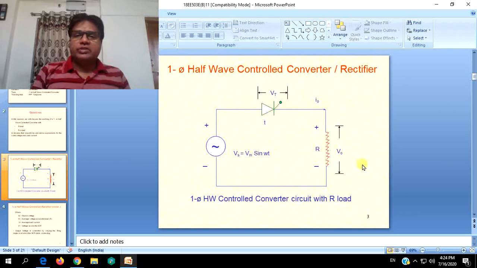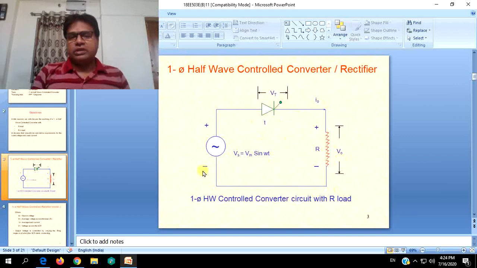And at a given instant, when gate signal is given at a particular angle called alpha, that is firing angle, as discussed in the previous session, alpha degrees, then SCR conducts or acts like a closed switch with almost negligible voltage drop or zero voltage drop, or it acts like a short circuit.